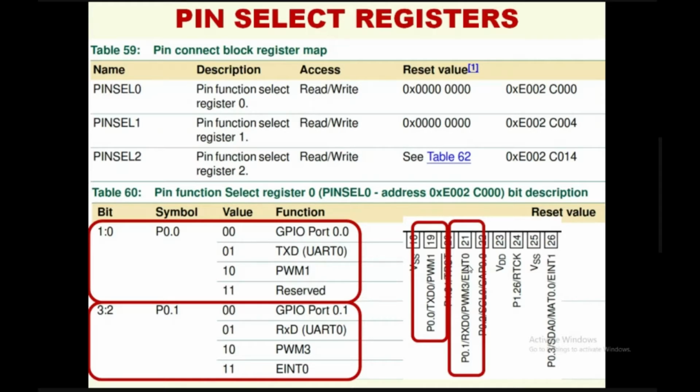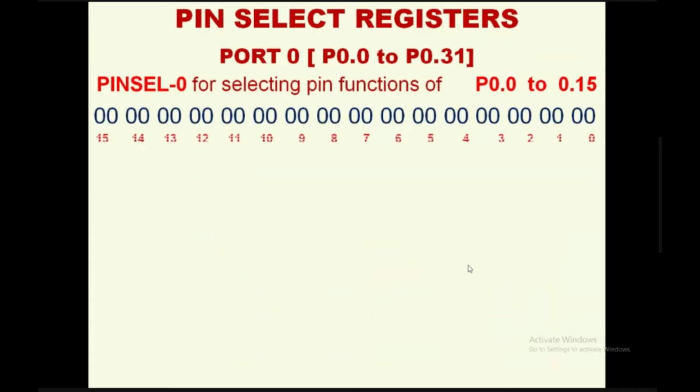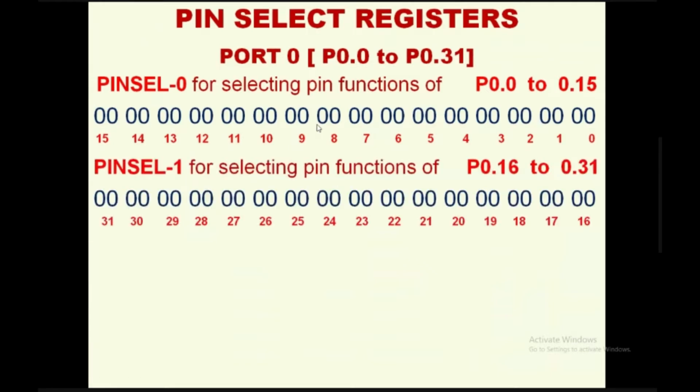So very clearly now we have understood that port 0's 16 pins selection is done by 32 bits of pin cell register 0. So port 0 needs 2 pin cell registers for all its 32 pins as you see on the screen.